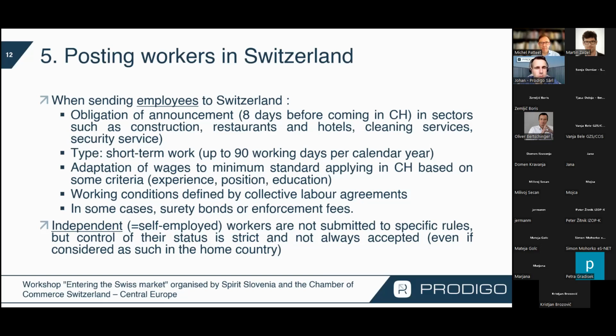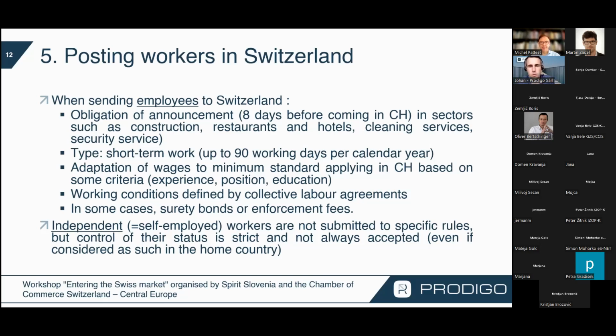Often the working conditions and minimal wages applicable are defined in collective labor agreements, and some additional costs can also apply, such as surety bonds or enforcement fees. So you need to take that into account before sending workers to Switzerland. It will also affect the price of your services toward Swiss customers.